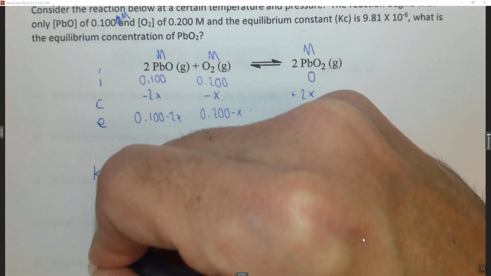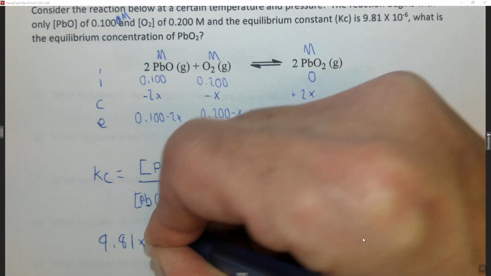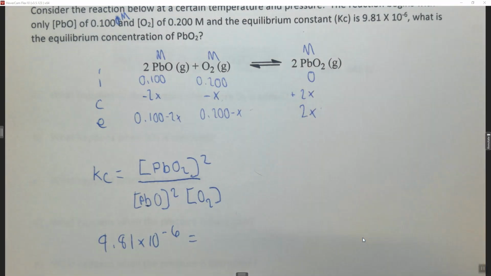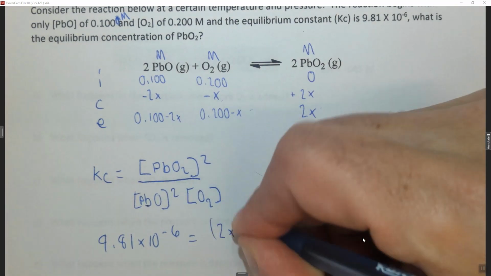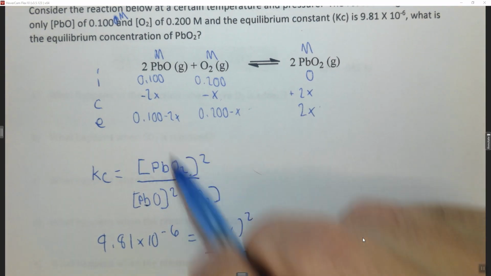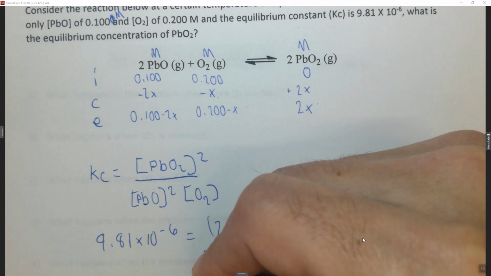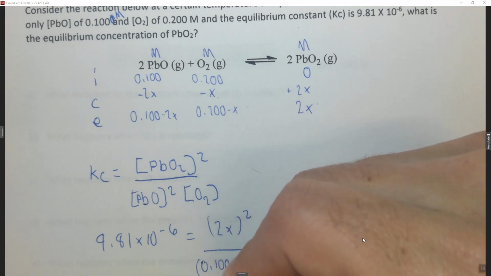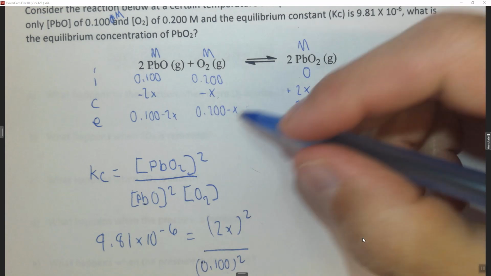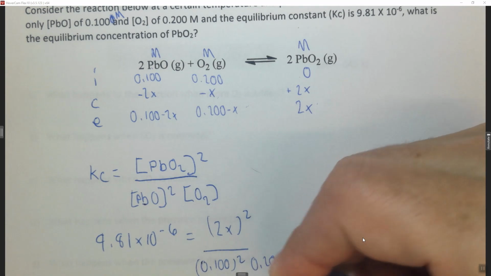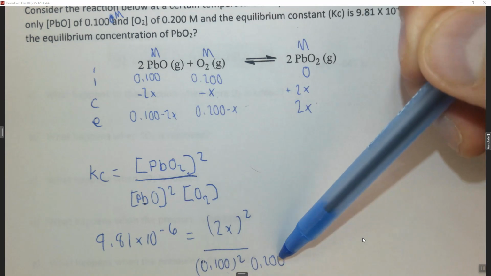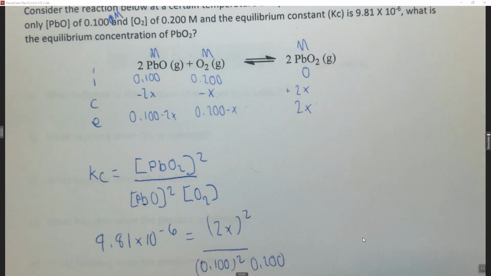So 9.81 times 10 to the minus 6 equals, the equilibrium concentration of PbO2 is 2x squared. The equilibrium concentration of PbO, we're going to ignore the x, is 0.100 squared. And for O2, it's 0.200.